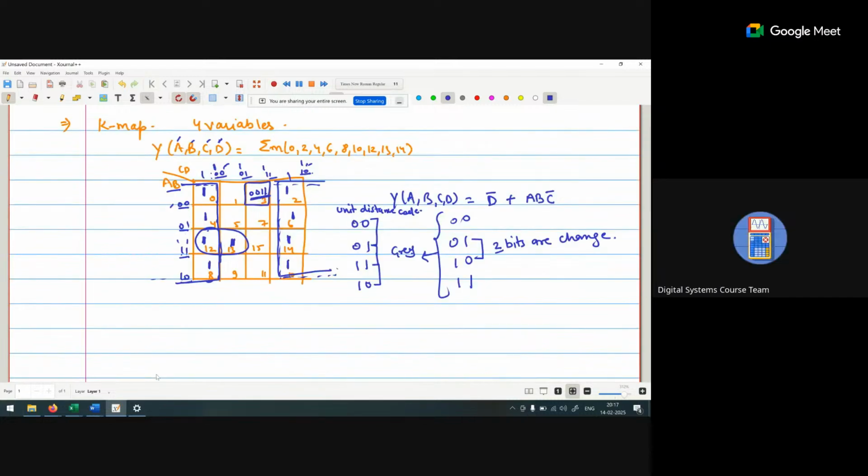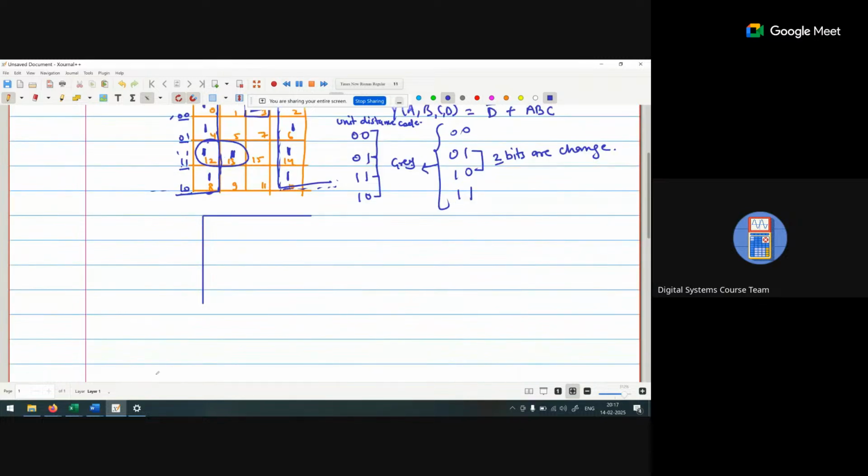Now the same problem I can solve by changing the variable. Like I am not representing the variables in this way. I represent the variables in the form of first A and D mentioned here, B and C mentioned here.